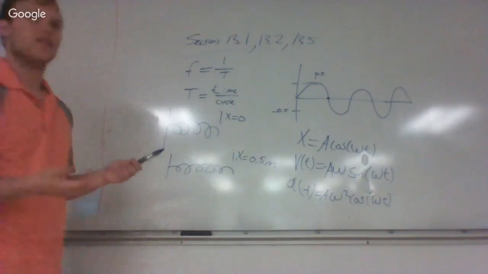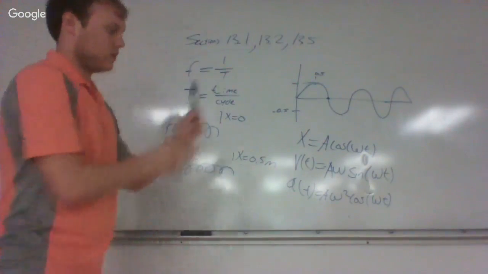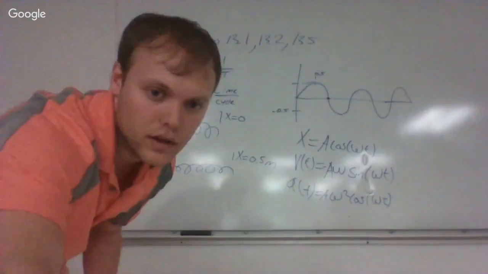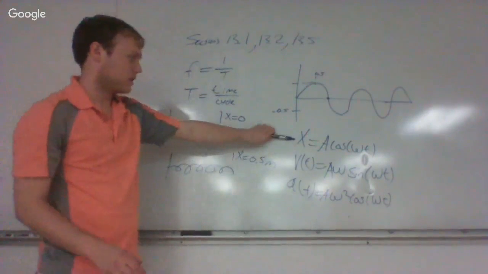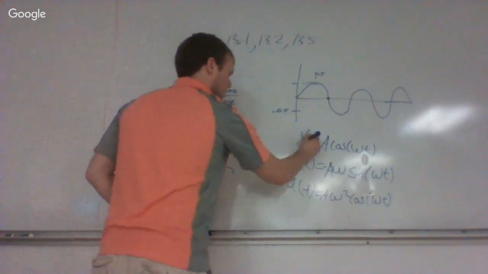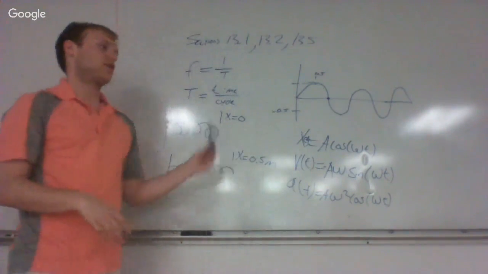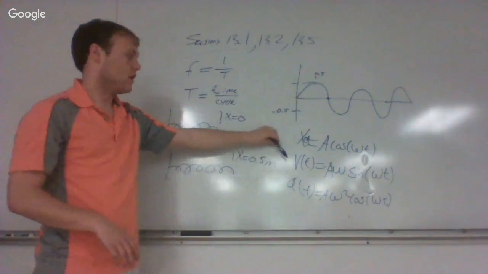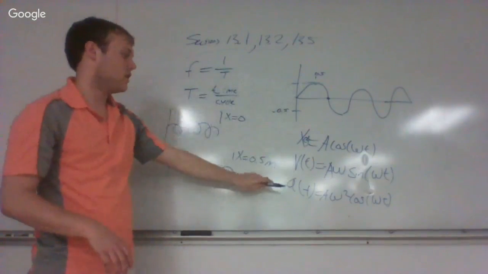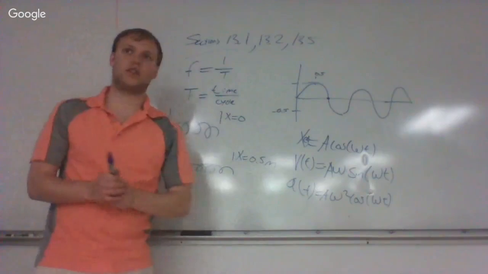Hopefully that made sense. So those are your equations for simple harmonic motion. Understand x of t is just x as a function of time. That gives you position on this sine curve. v of t gives you velocity on this sine curve, and then a of t gives you acceleration on this sine curve.